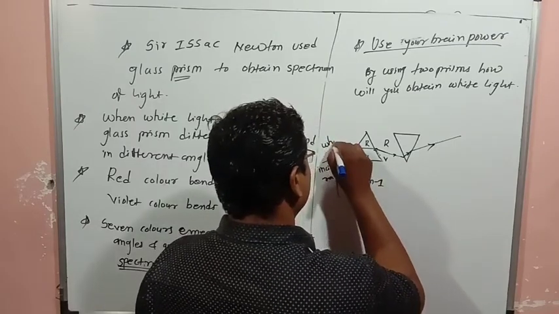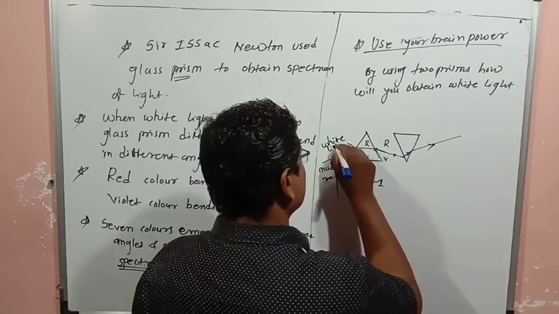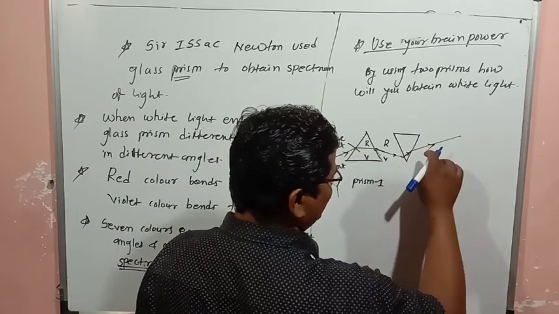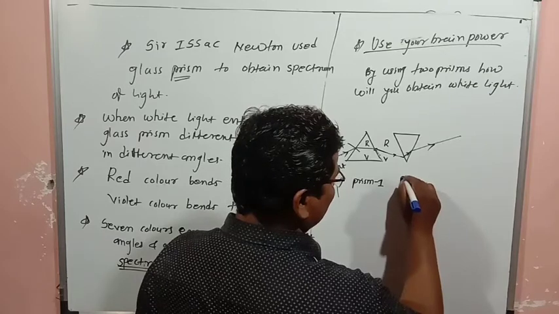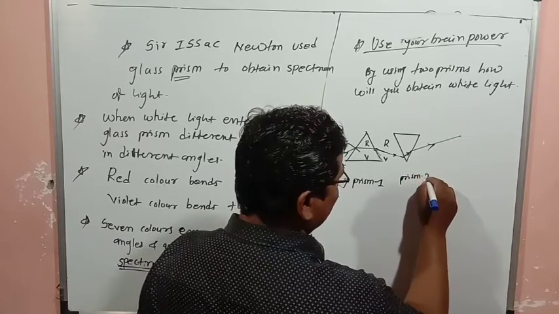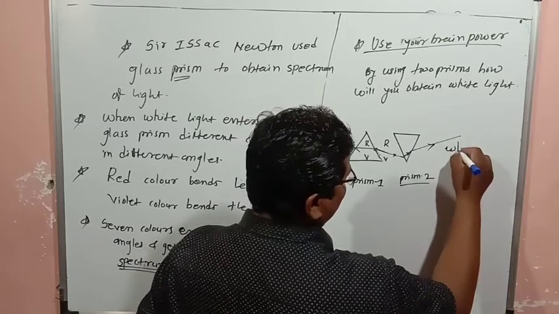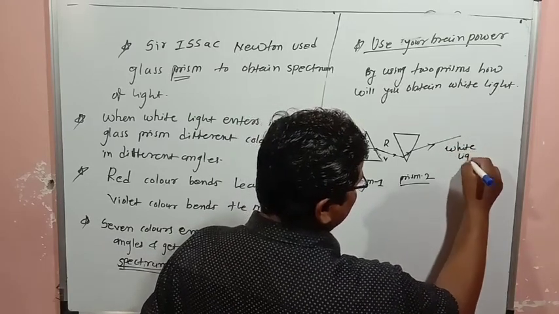So what will happen now? Here is the white light. Here separation of color will take place, and when that light is passing to the other prism, suppose this one is prism number 2, this one will be white light.